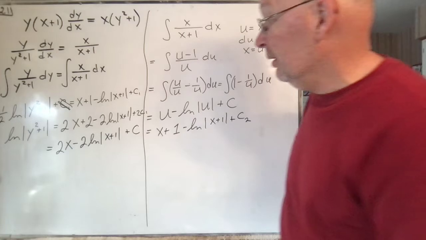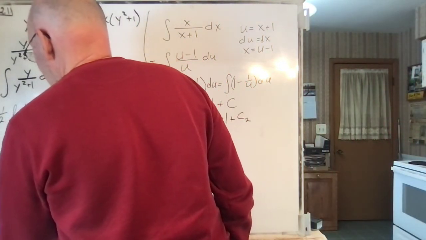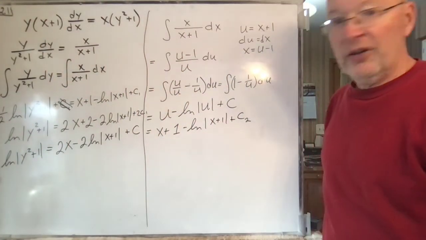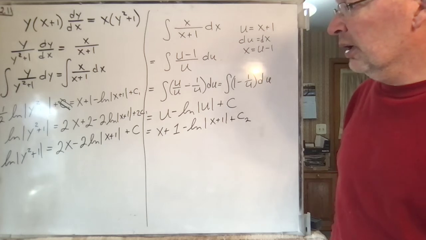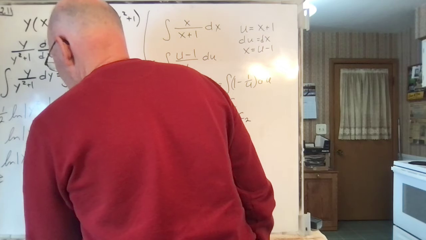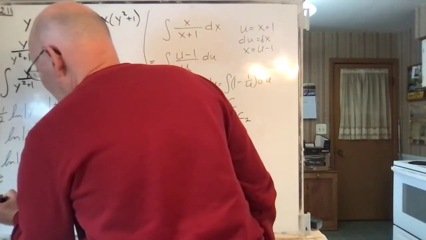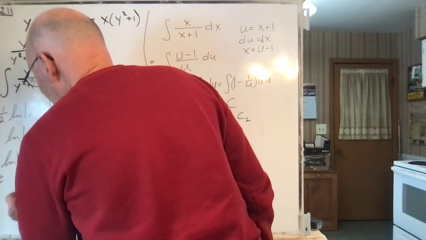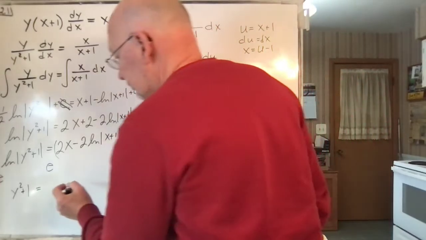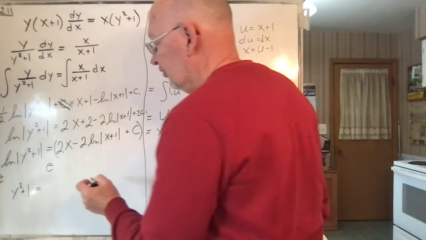And so now, how do we go from there? Now you want to solve it for y. So you take e to both sides. And when you do that, you're going to get y squared plus 1 right there is equal to, I'm going to again use some of the things that I taught you in the last lesson.